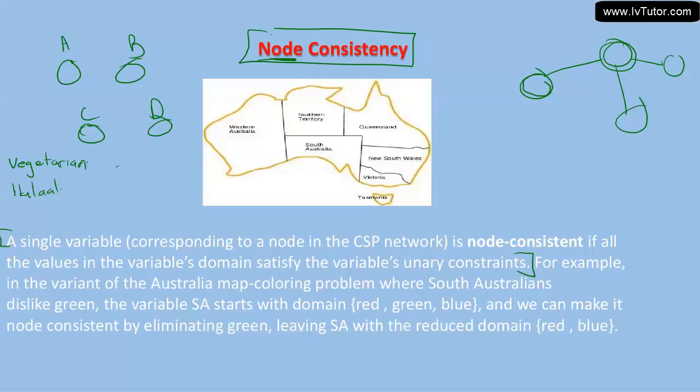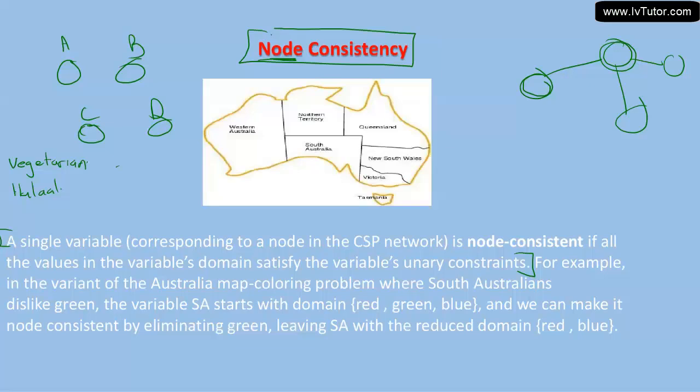So when you want to order pizza for a room of people, you want to make sure that you satisfy node consistency. We say that you have managed to satisfy all the individual requirements of the variables, or the guys that are inside that room. So that is what node consistency means.